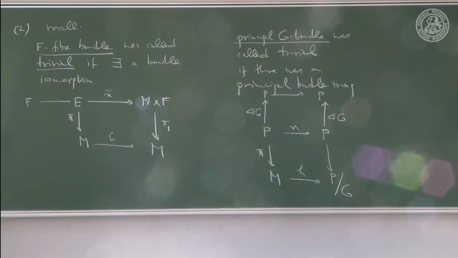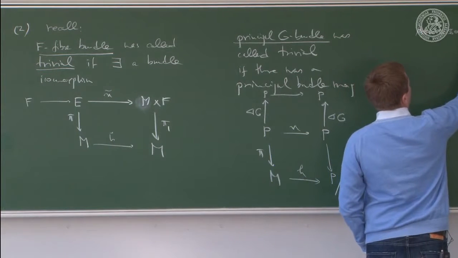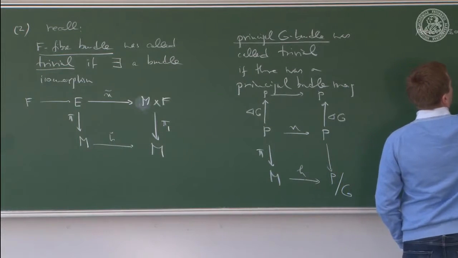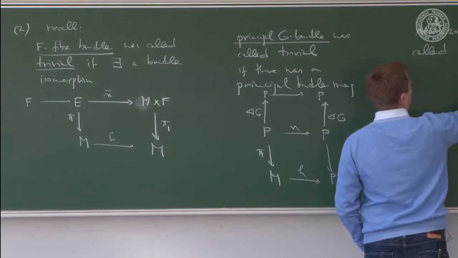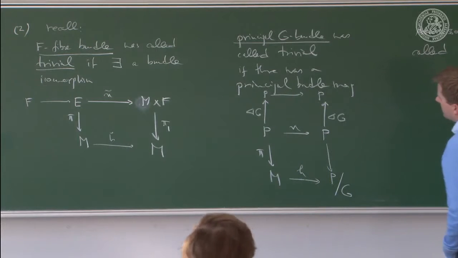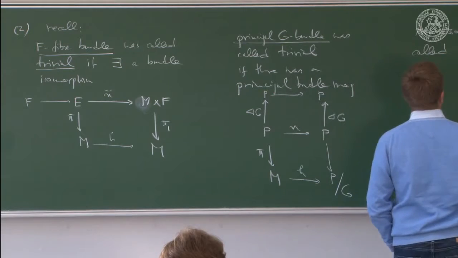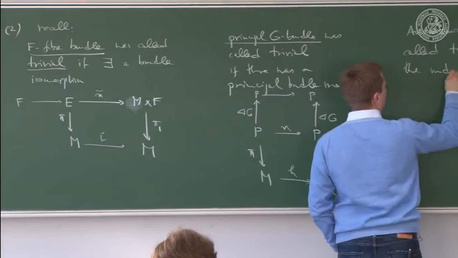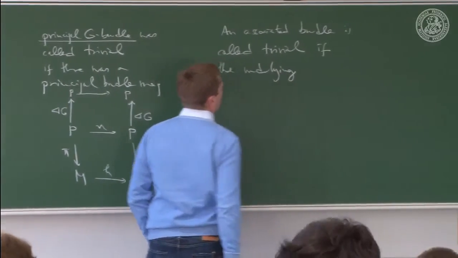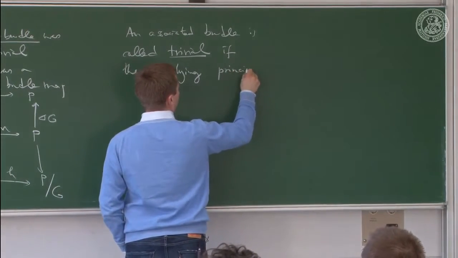But now here, an associated bundle is called trivial. Now it's not so convenient to define this again by a similar structure thing here. We simply say it's called trivial if the underlying principal bundle is trivial.